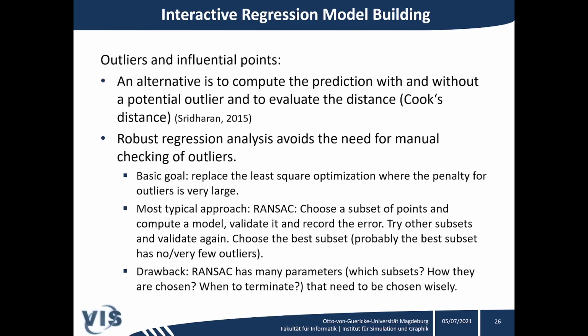Then try other subsets and validate again. You have to choose the best subset, where probably the best subset has no or very few outliers. The problem is that RANSAC has many parameters that influence the results, and you have to decide which subsets are used, how they are chosen, and when to terminate the algorithm.